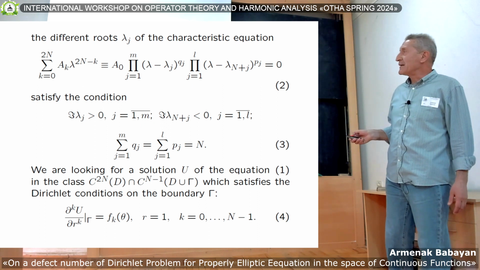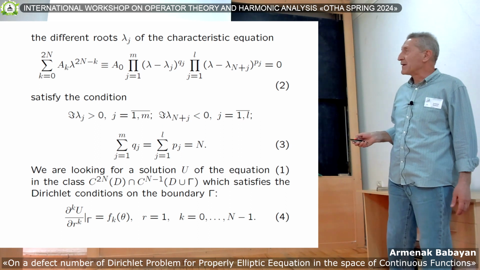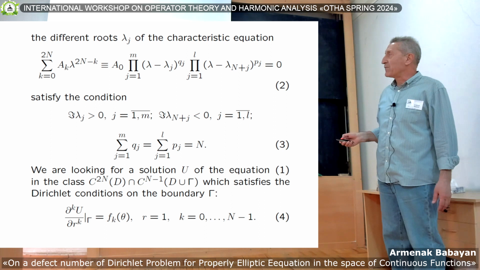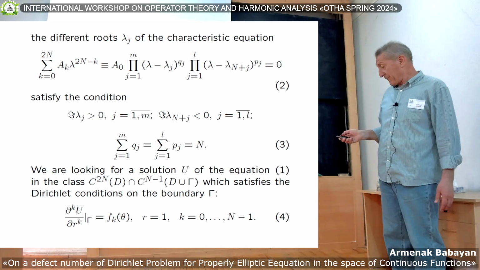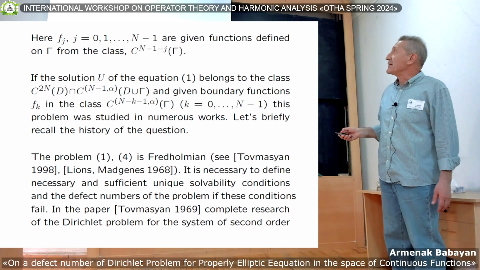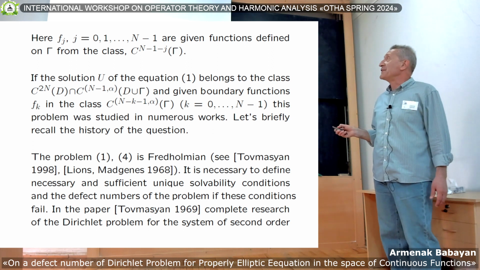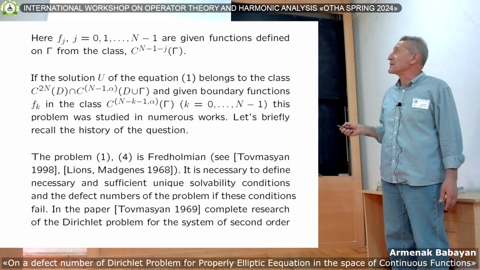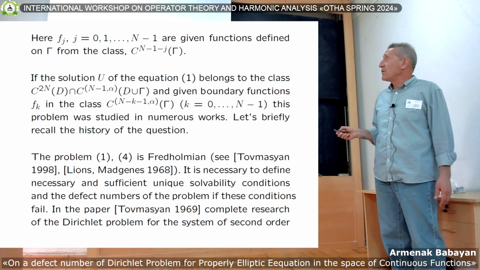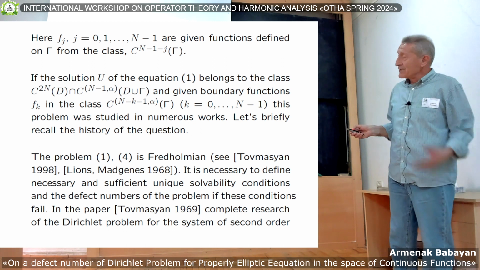We consider the Dirichlet problem. So the Dirichlet condition is in the following way, where fk are given functions from the class Cn-1-k on gamma, so continuous with n-1-k derivatives up to the boundary. Now, two words.